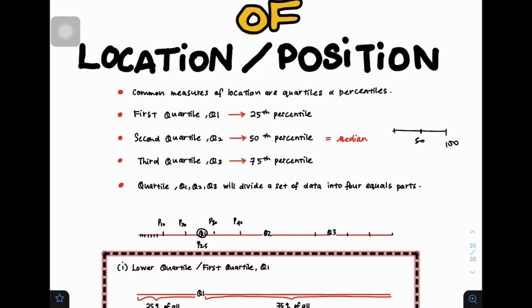Alright, so ini adalah kaitan di antara quartile dan juga percentile. Quartile divides your data into 4 equal parts, percentile will divide your data into 10 equal parts. Okay, sebab kita anggap kita punya data ada 100%.